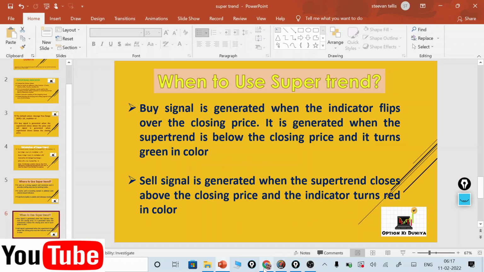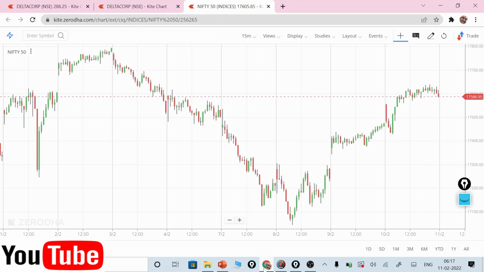So let me go to the charts. First I have presented you the index chart, Nifty. By looking at the screen, you can already see that there is a trend. Those people who do not know, let me tell you what a trend is.